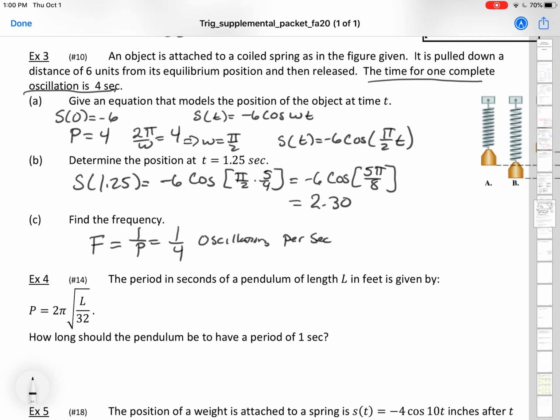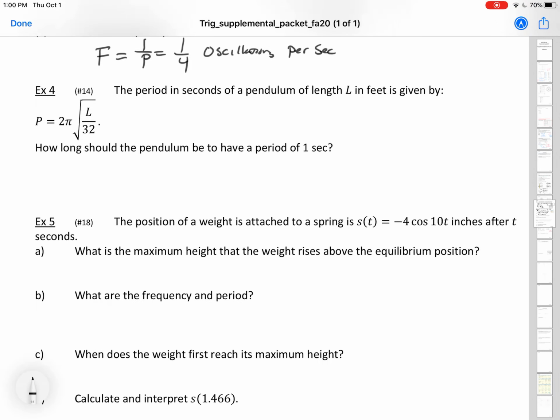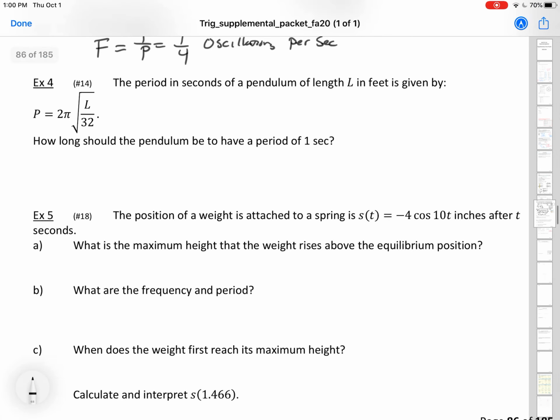Okay, the period in seconds of a pendulum of length L in feet is given by, and we have that formula there, right? This is number 14. It's not Wayne or Michelle or Lily, two of the colleagues that I have that helped me write this. It's a book problem, right? It's not something that we made up. And so we need to figure out how long should the pendulum be to have a period of 1 second.